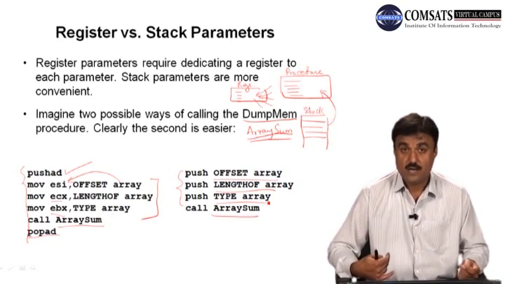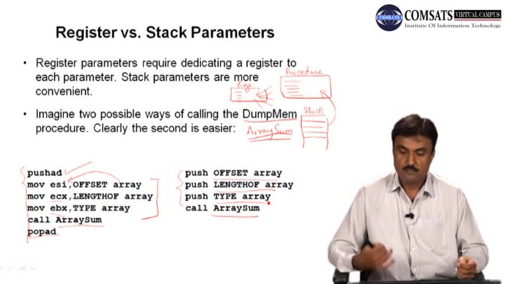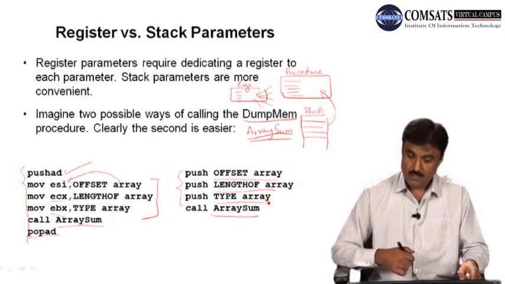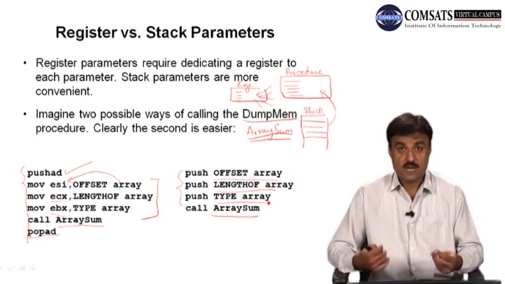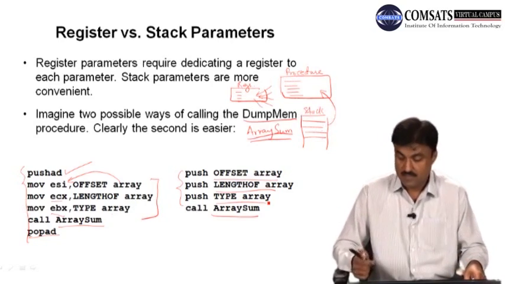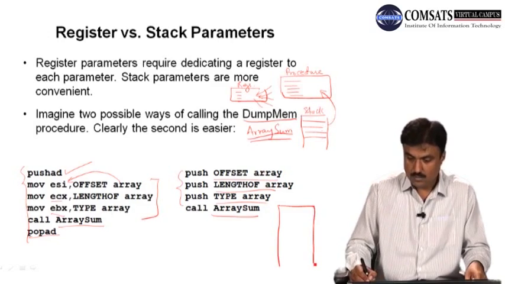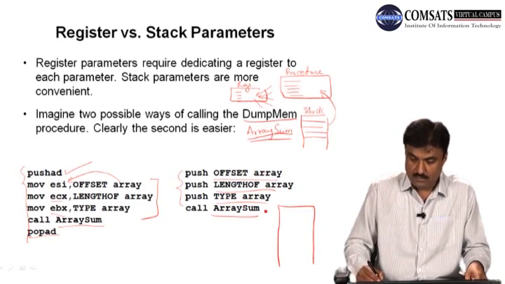However, this stack area is shared by the main program and also by the procedure. So there should be some technique so that we can access those parameters. Now look at this example. For example, if our array grows in the downward direction, what will happen?